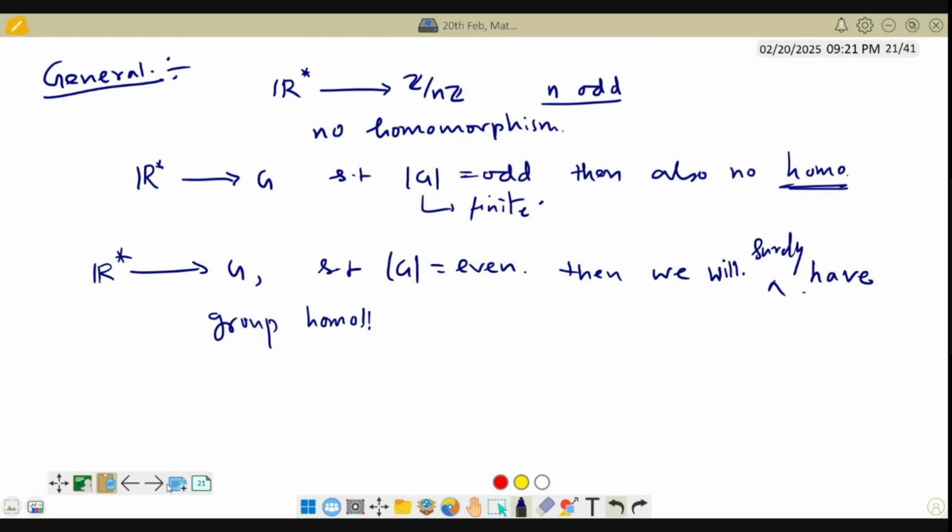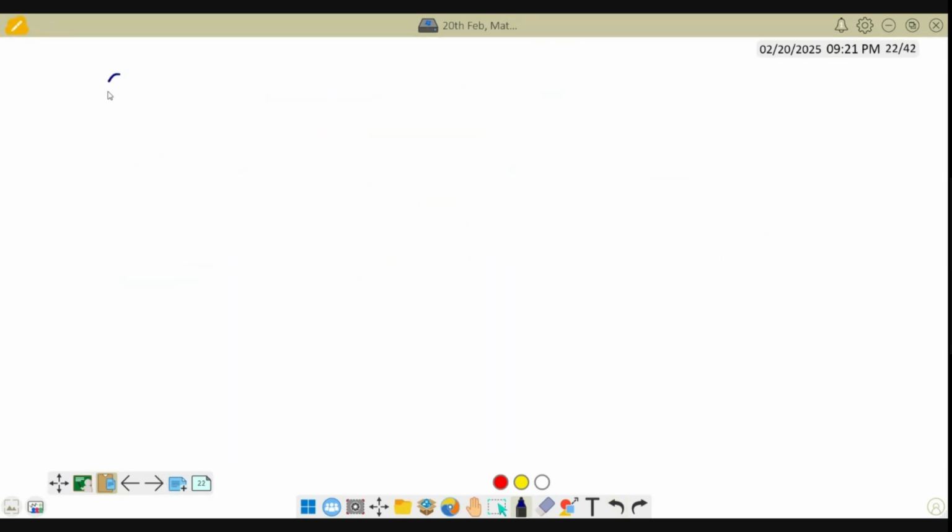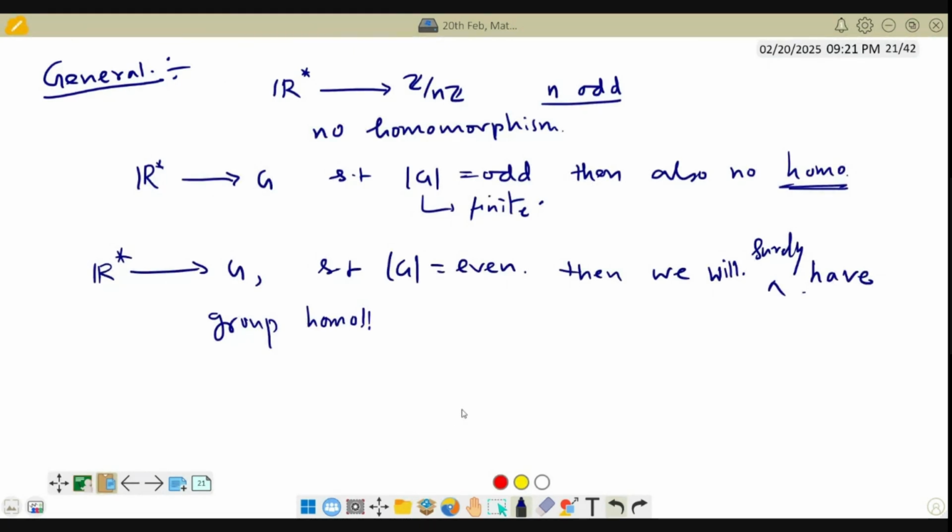Now, the question: is there only one non-trivial homomorphism if the order of G is even, or more than one?